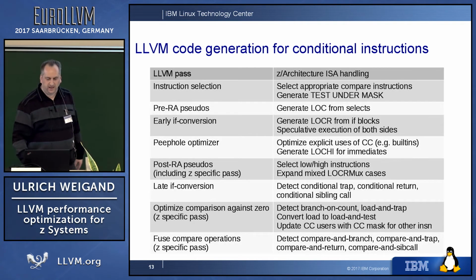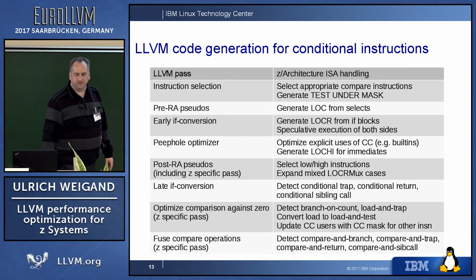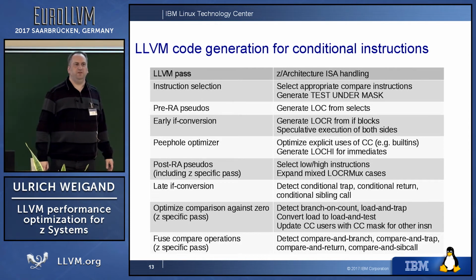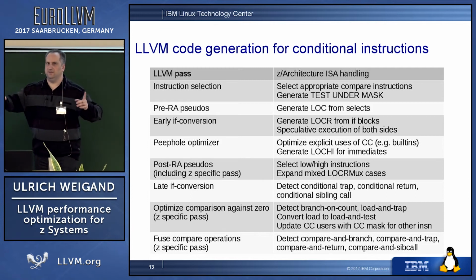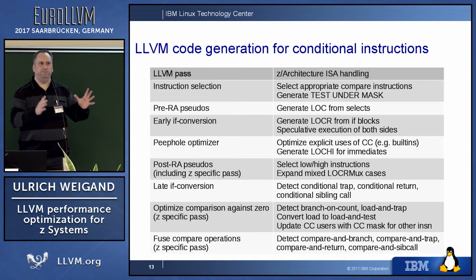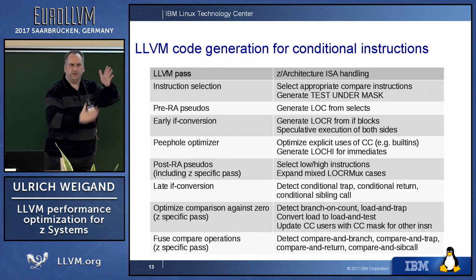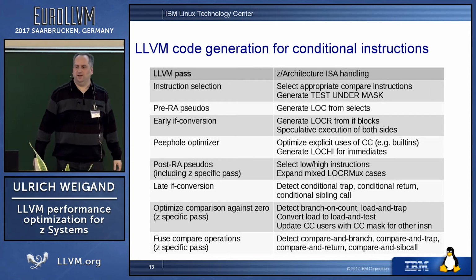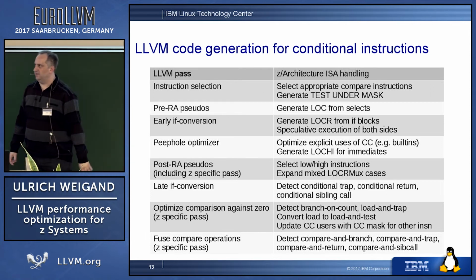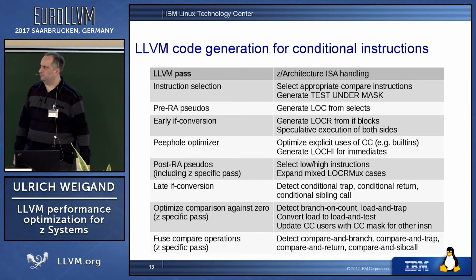Now, why I'm mentioning all these instructions, because it's not so easy to always select of all these different flavors the particular best form given the way that the LLVM instruction selection and post-instruction selection pipeline works.